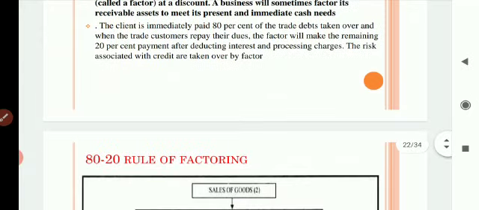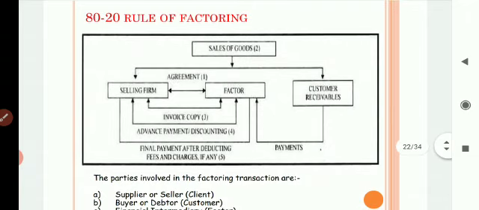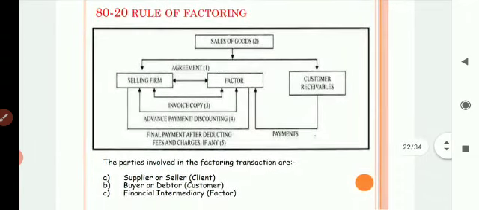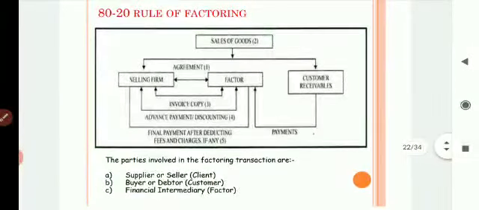Let us understand this according to a chart. In the same sheet, in the same PPT, I'm going to tell you about the 80-20 rule of factoring also. See, you can see here, first of all, who are the parties involved? The supplier, that is the seller, that is selling firm.